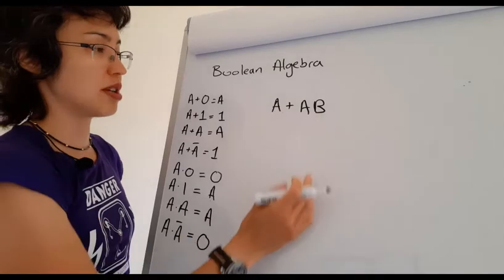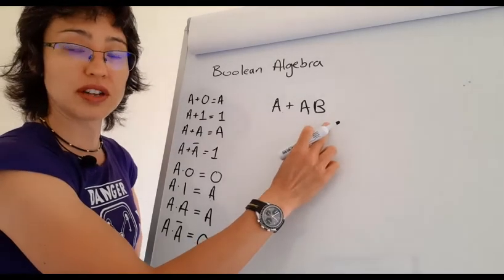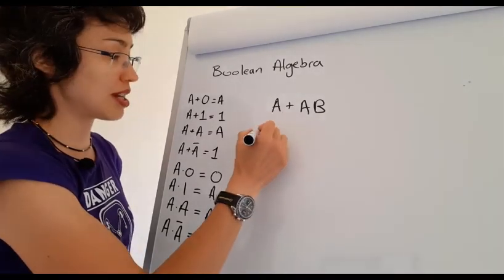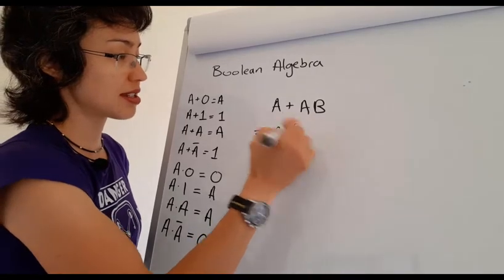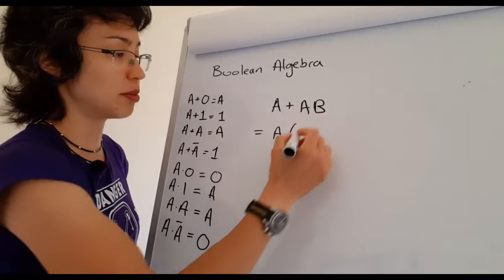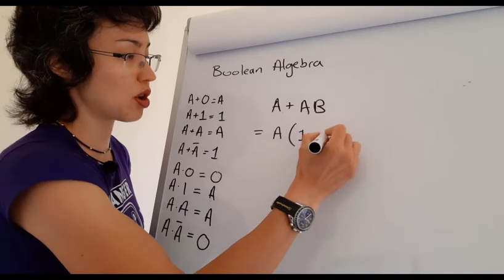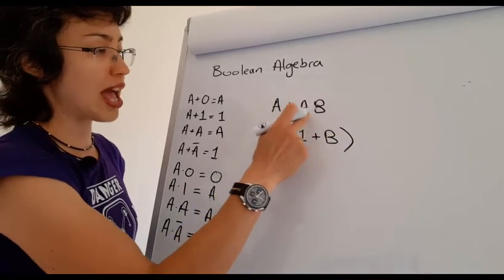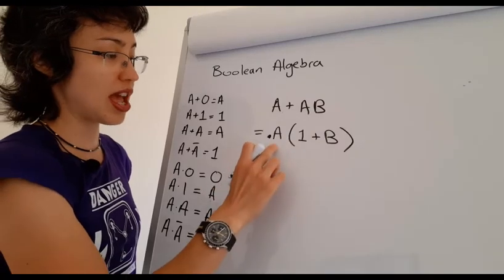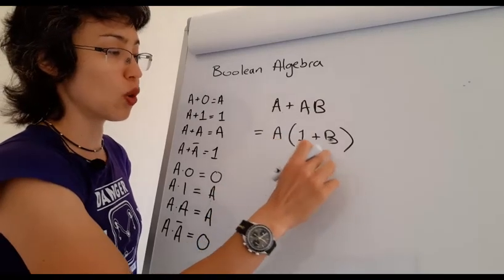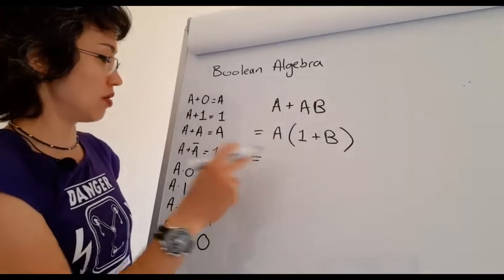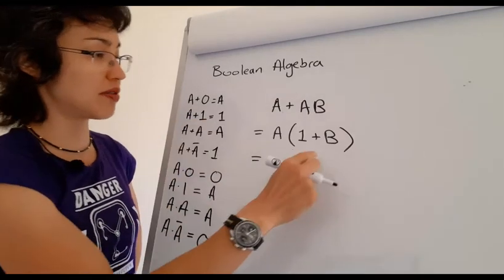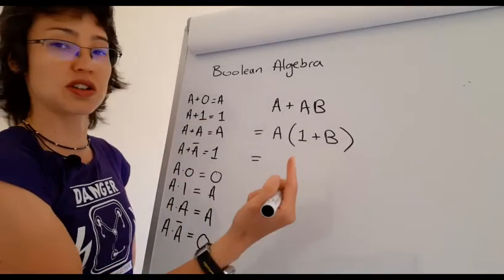So A plus AB, something you can do to simplify this, you might think it already looks simple, but actually if you were to take the A's, so both terms have A in common, if you take the A's out, you end up with 1 plus B. So A or A and B is the equivalent of A and 1 or B. Well, we know that if you have B or 1, that's going to be equal to 1.